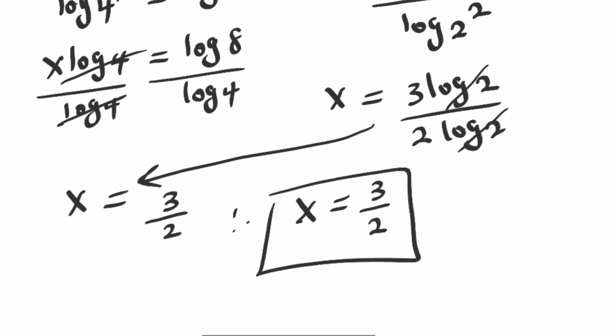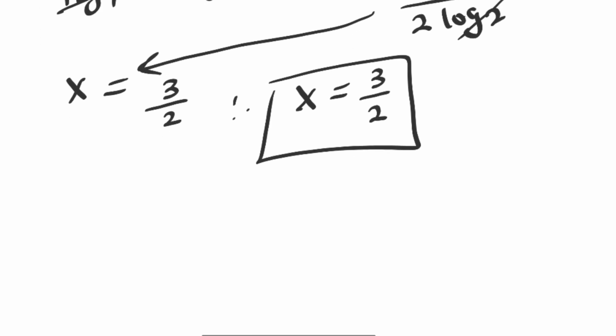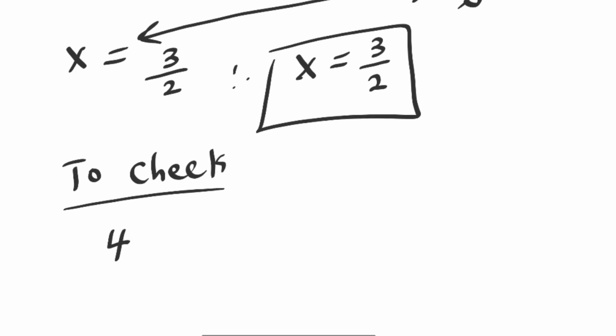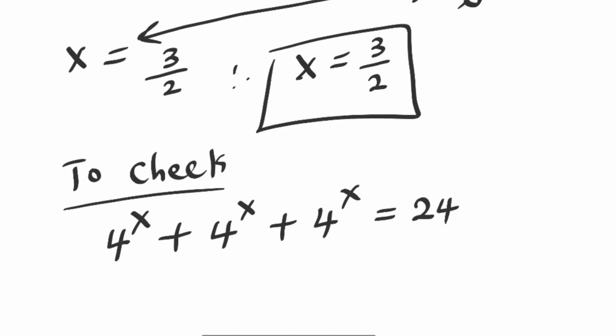We may check to confirm if this answer is right or wrong. Let's check. To check, we have the given equation 4 raised to power x plus 4 raised to power x plus 4 raised to power x is equal to 24.